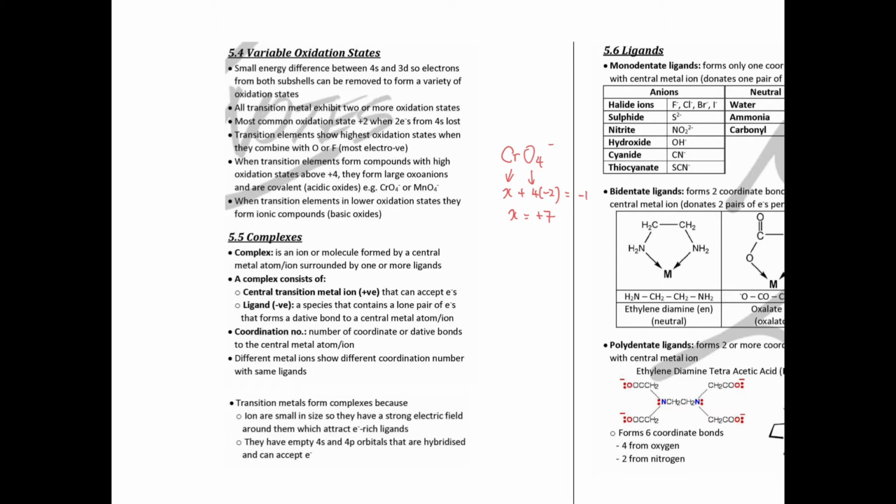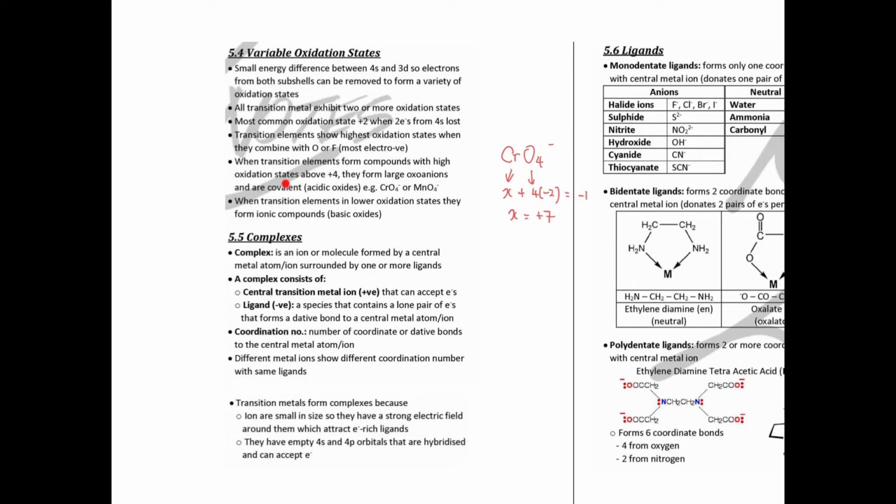Because of that, the next point is: when transition elements form compounds with high oxidation states above +4, they form large oxo anions. That means they form anions that combine with oxygen. That is the oxo. And they are covalent acidic oxides.